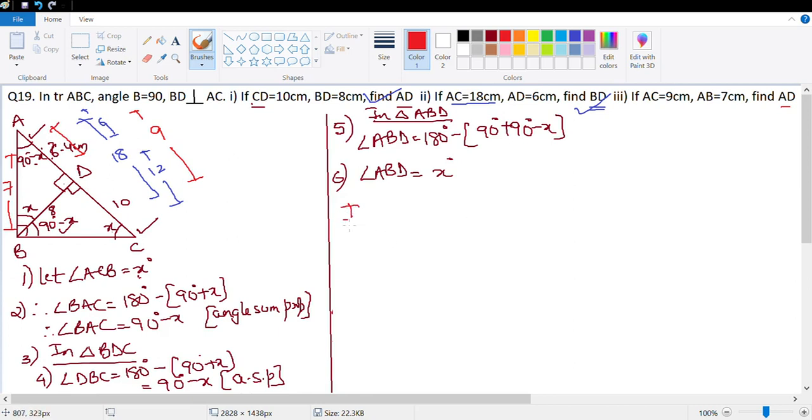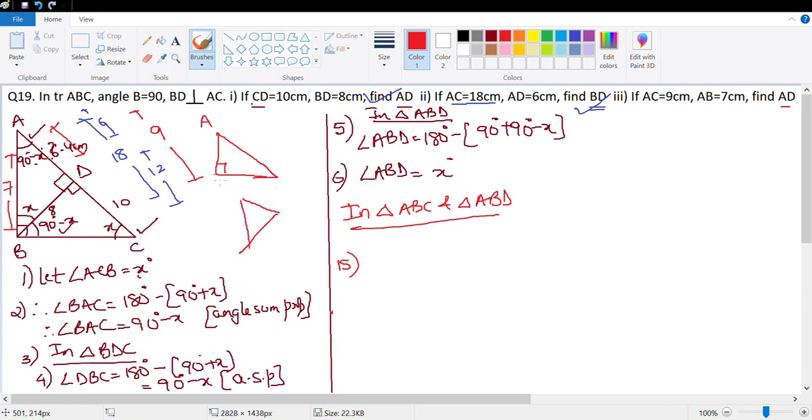In triangle ABC and triangle ABD, let's draw these two rough diagrams so we have clarity on what we are talking about. So this is A, B, and C. Here we have D, A, and B. Here we have one angle 90 degree, and angle A and angle A are equal.